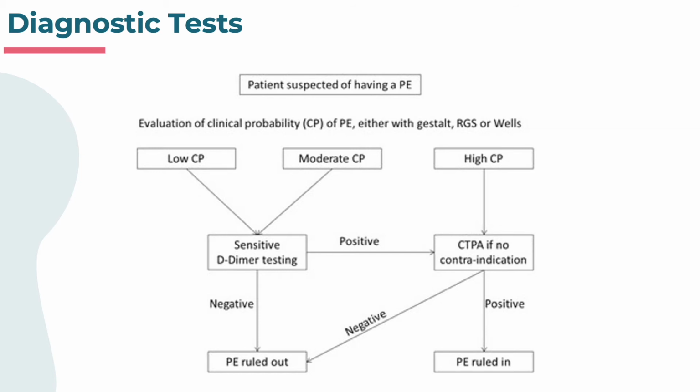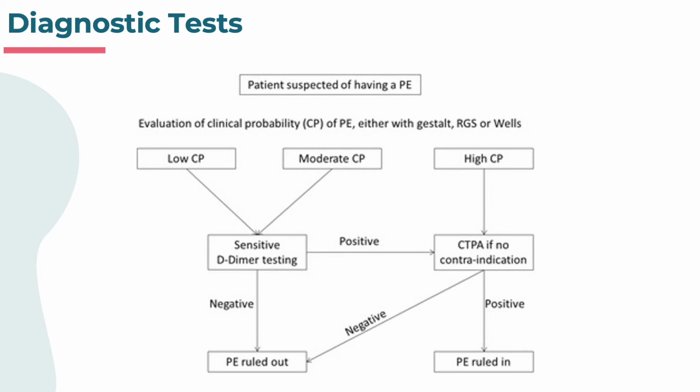So if your D-dimer test shows up as positive, your healthcare provider will then do something called the CTPA. We discussed this in one of the previous slides. This is a type of angiogram which will show your blood vessels in 3D, and will show if there is a clot present in your pulmonary arteries.